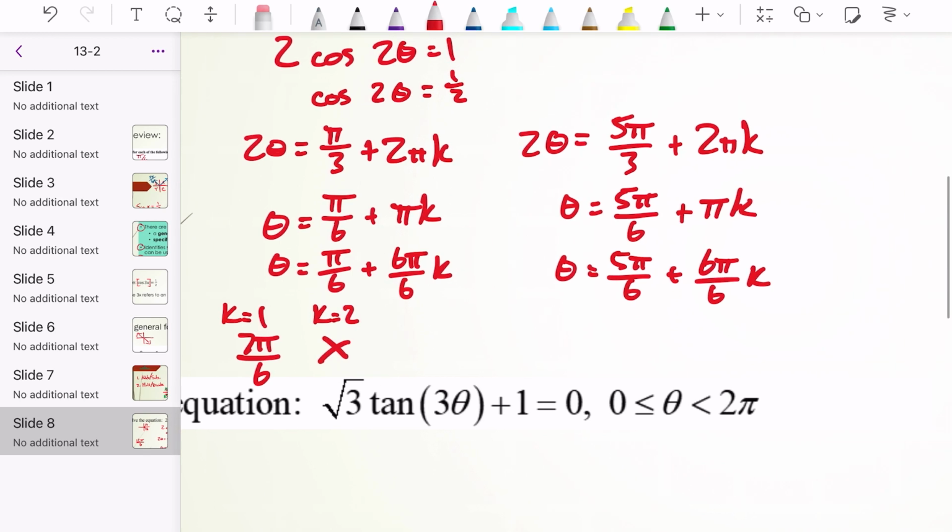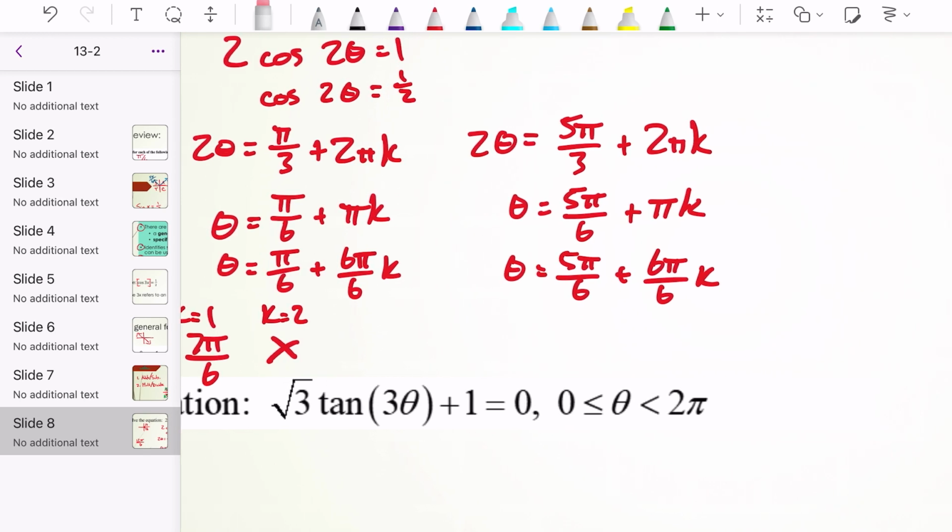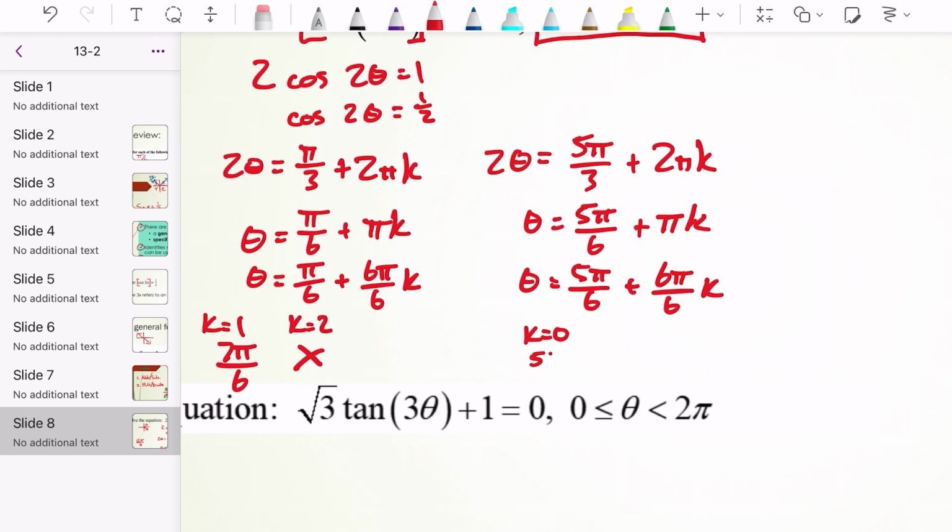Let's complete the right-hand side. We'll start off with k equaling 0. That would give us 5 pi over 6. And k equals 1 would give us 11 pi over 6.